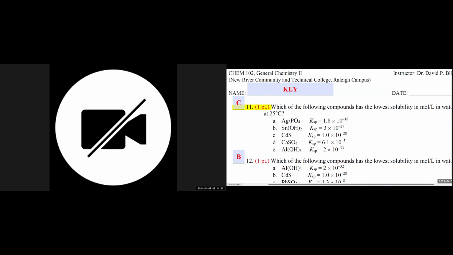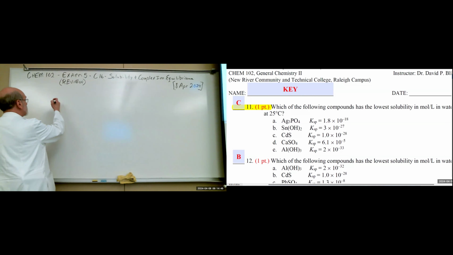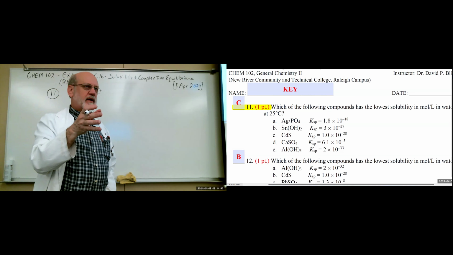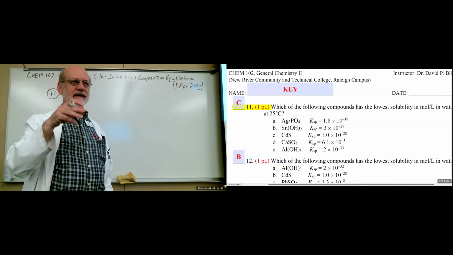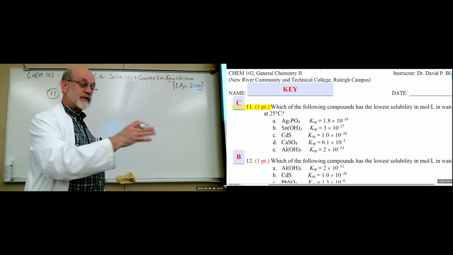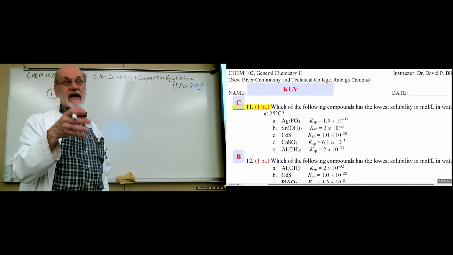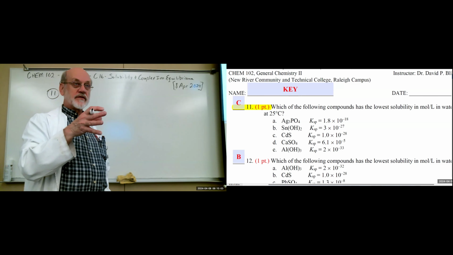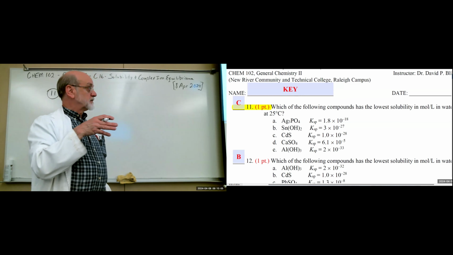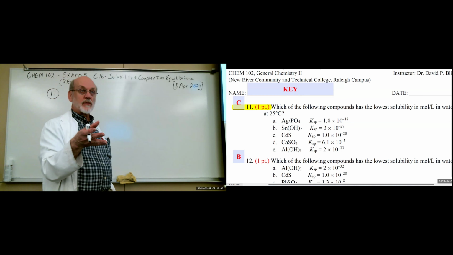All right. If you're comparing compounds that produce exactly the same number of ions when they go into solution, then you can make a direct comparison between the Ksp values in terms of solubility. So the larger the K, the more soluble.